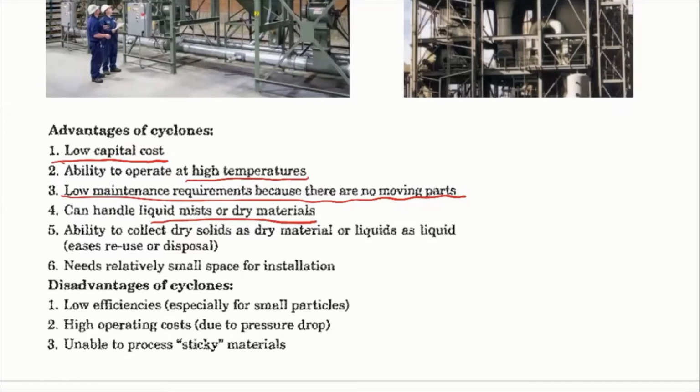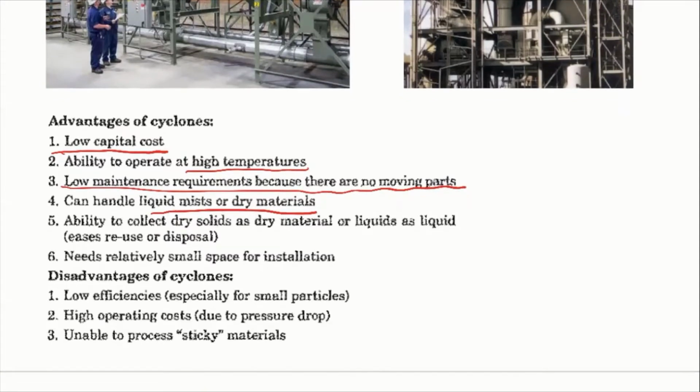Later we'll see that some PM control devices cannot control high relative humidity particles because it can just block the device, right? It can collect dry aerosols, or dry solids, or liquid materials. Either way works, right?